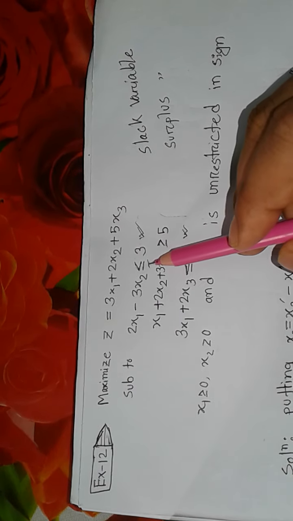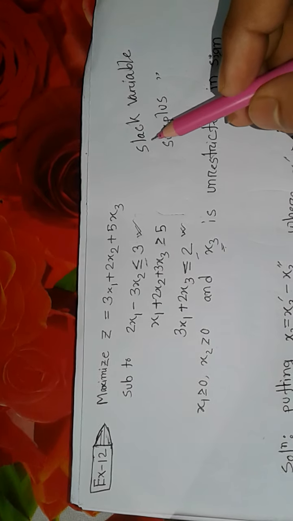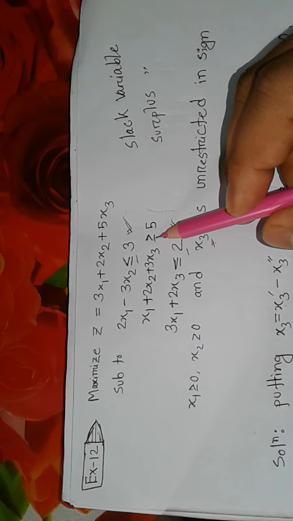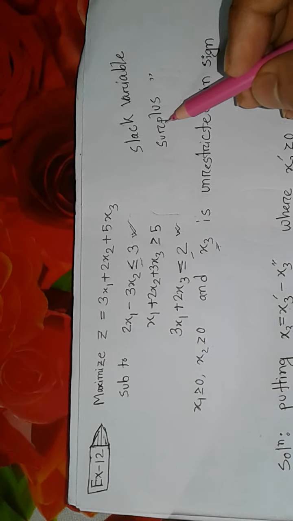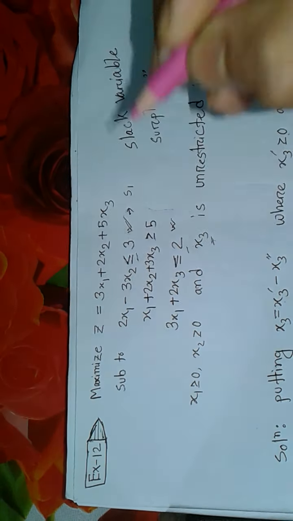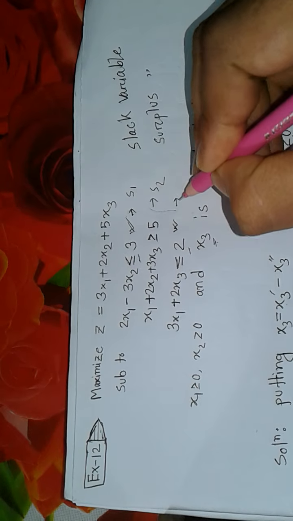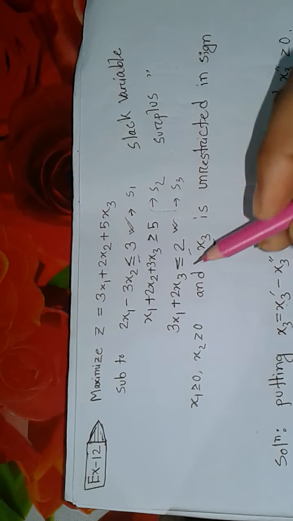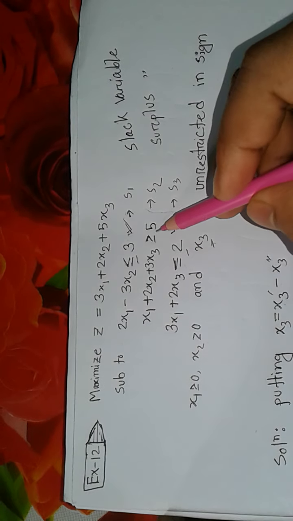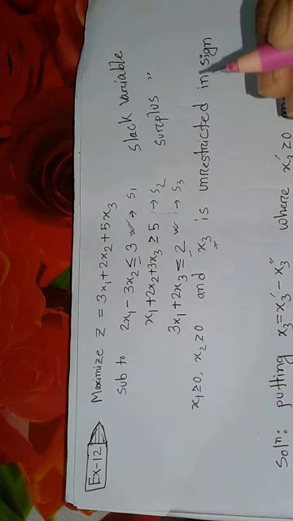When the inequality is in less than equal form, we use a slack variable, and when the inequality is in greater than equal form, we use a surplus variable. Here we use S1, S3 as slack variables, because the first and third constraints are in less than equal form, and the second is in greater than equal form, so we use S2 as a surplus variable.